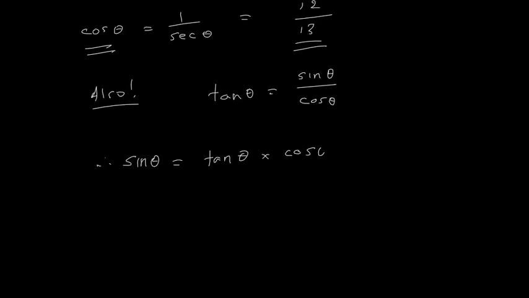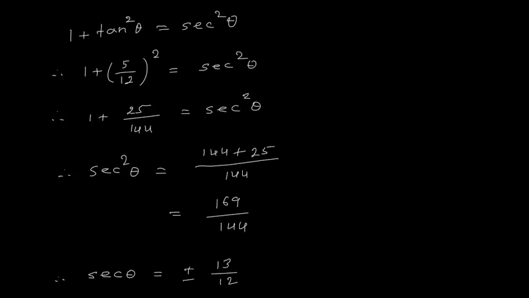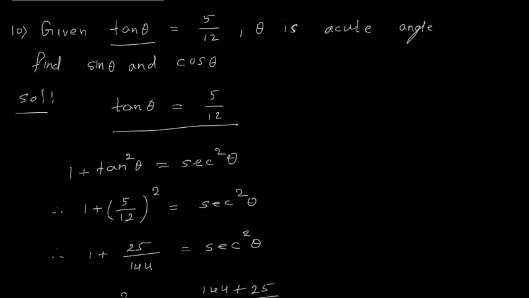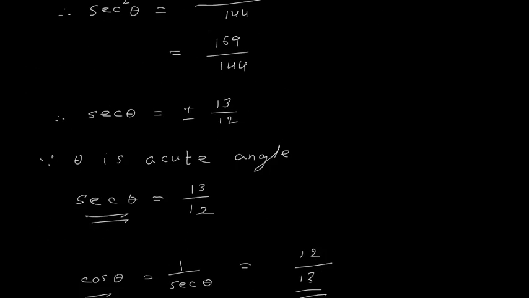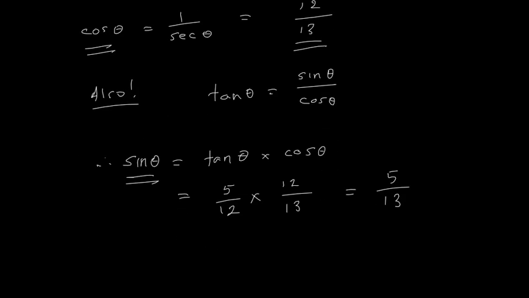I have the value of tan theta as 5 divided by 12 and the value of cos theta, which is 12 upon 13. So, this 12 will cancel and 5 upon 13 will be the answer for sin theta. So, sin theta is 5 upon 13. Tan theta is given, theta is an acute angle, we had to find sin theta and cos theta. So, we got the values of sin theta and cos theta.